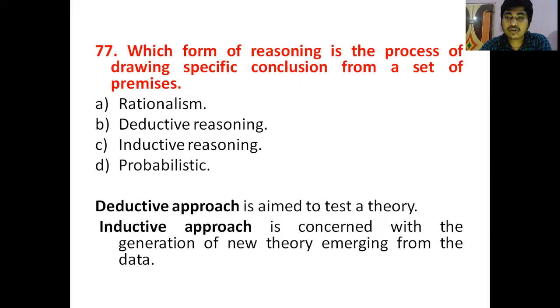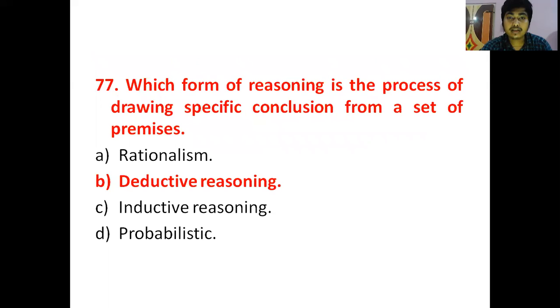The inductive approach is concerned with the generation of new theory emerging from the data. So the question is, which form of reasoning draws a specific conclusion from a set of premises, from a set of theories? That means our correct answer will be deductive reasoning. So option B is the correct answer.